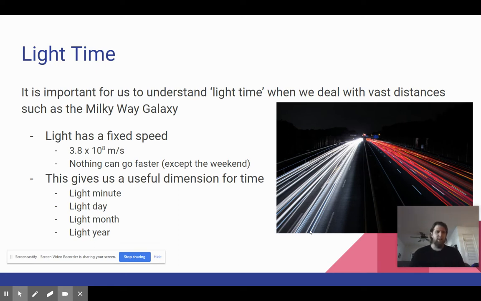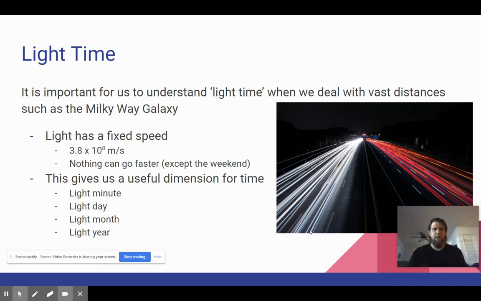It's a weird concept. We don't need to understand it completely for this, but we have to understand what light time means. It's just the time that it takes light to travel. Now, the universe is so big, we can't say, oh, it's a bazillion, trillion, billion miles.